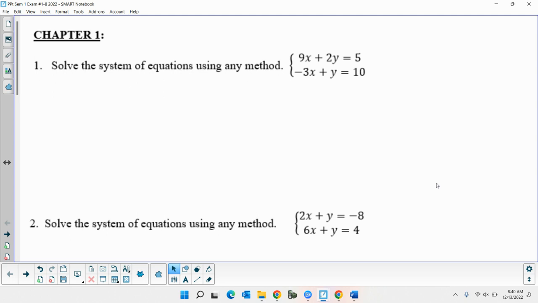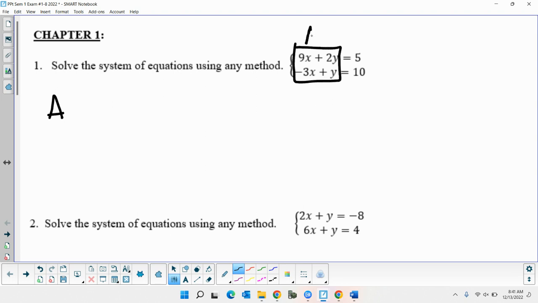All right, so what we got to do though is remember we got an A matrix that's this, and that's a 2 by 2. You just use the coefficients, so 9, 2, -3, 1.